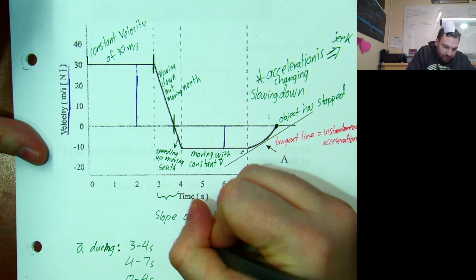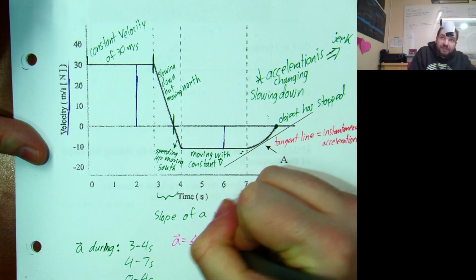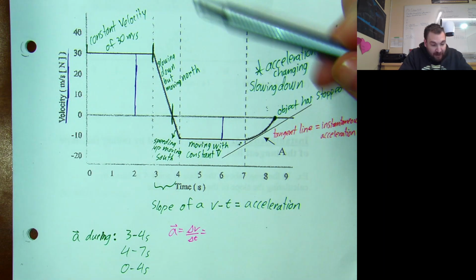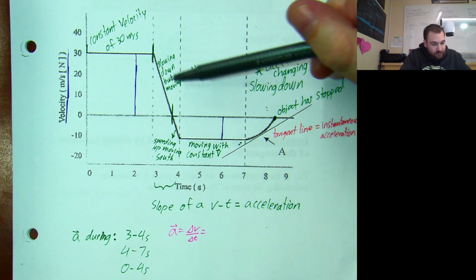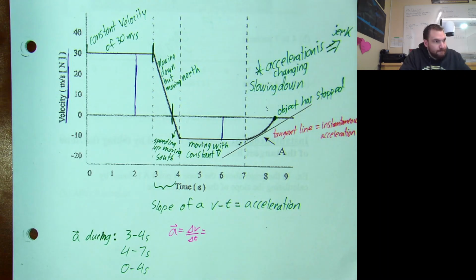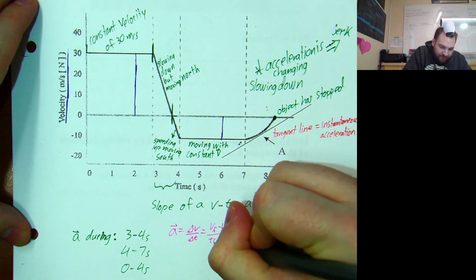Acceleration is a change in velocity over a change in time, so this is our rise over run. Remember, change in is always final minus initial. Let's go v final minus v initial over t final minus t initial.